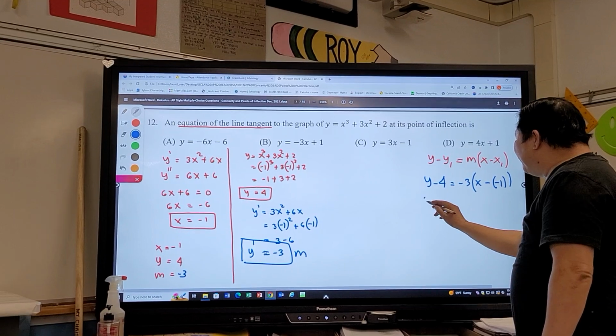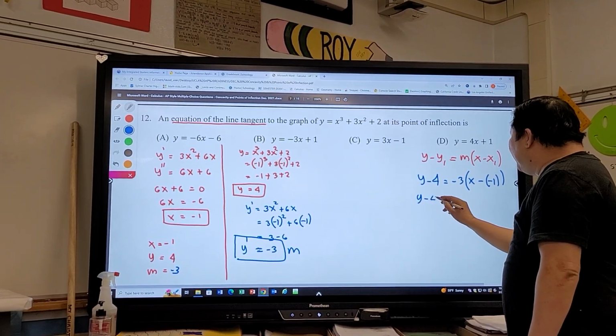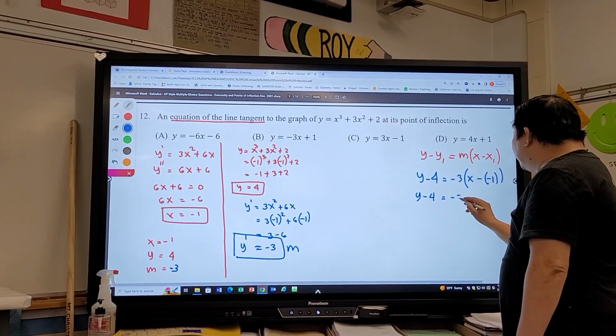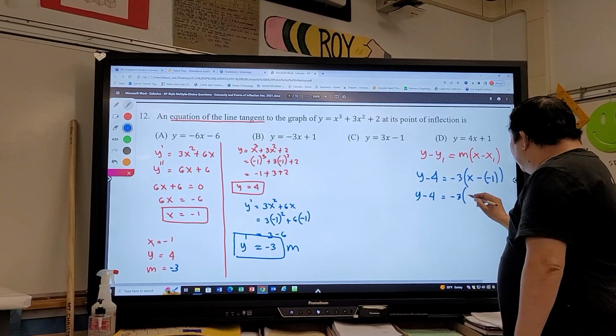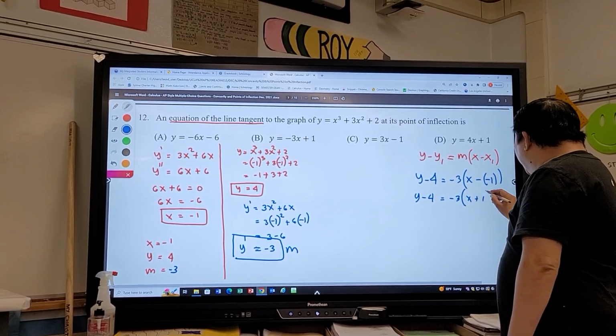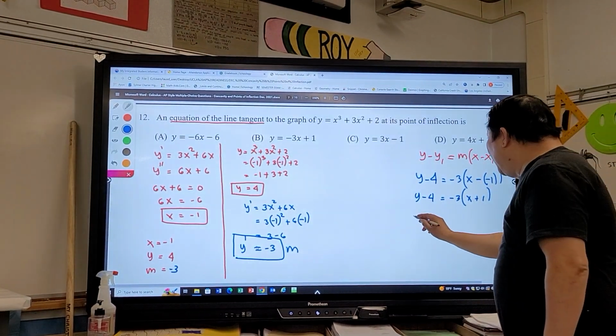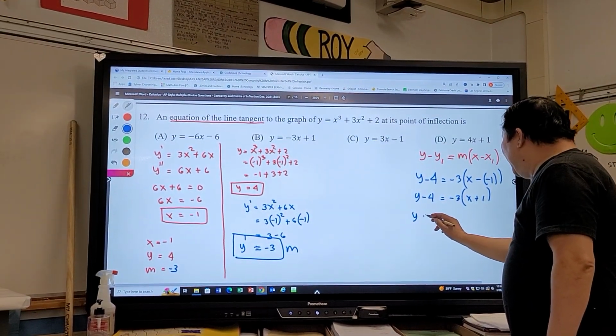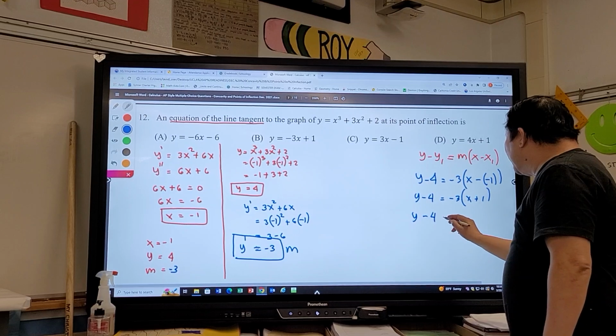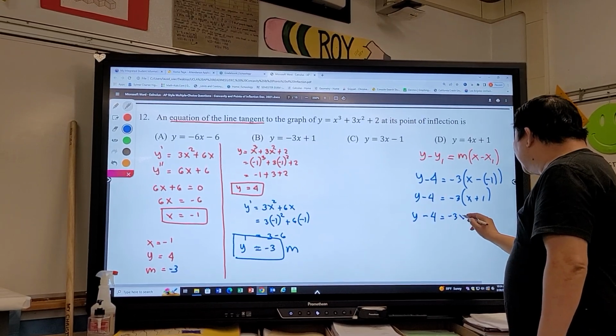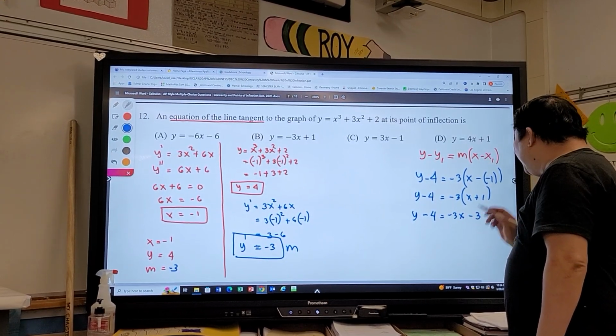Okay, simplifying further, y minus 4 is equal to negative 3x minus 3, and then distribute.